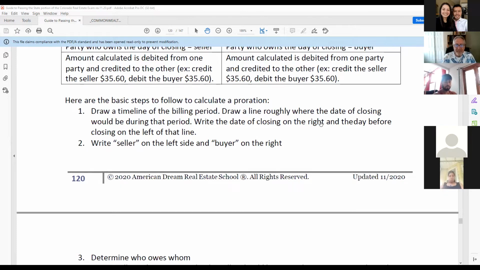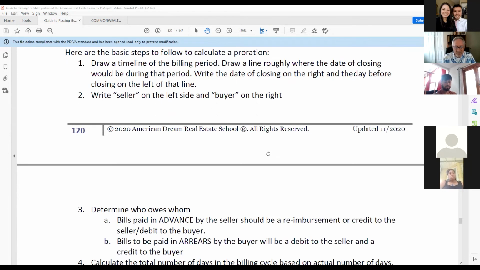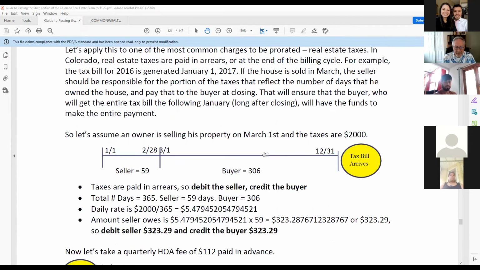And then we write seller on the left and buyer on the right. It looks like this. See this timeline? We draw a timeline out, we draw a hash mark roughly where the closing is going to occur, and then we mark seller on the left and buyer on the right.